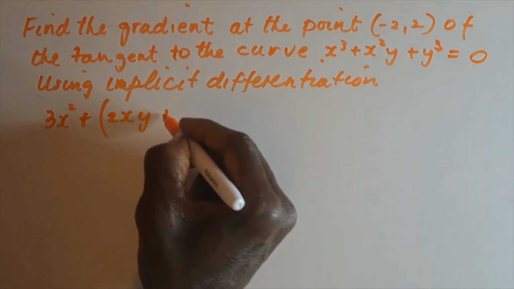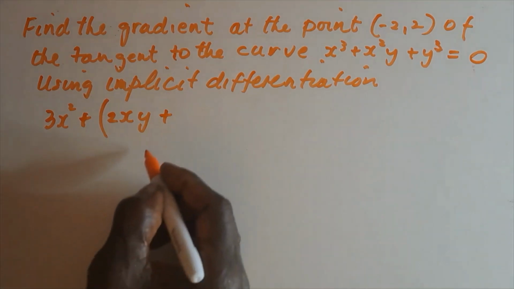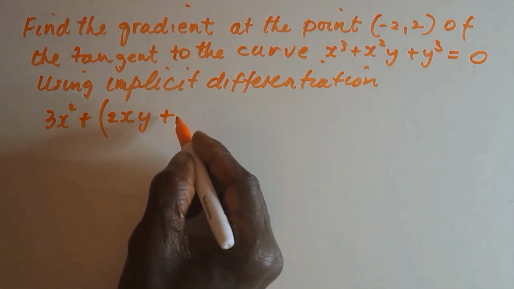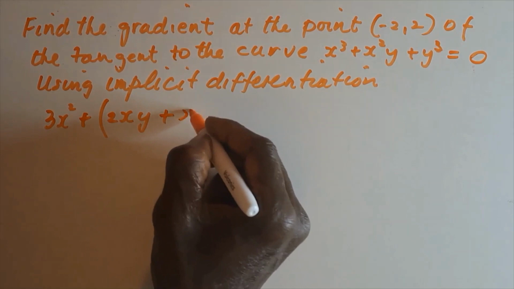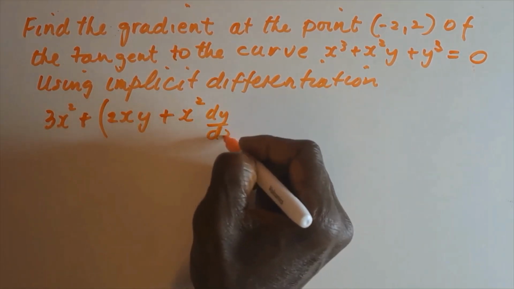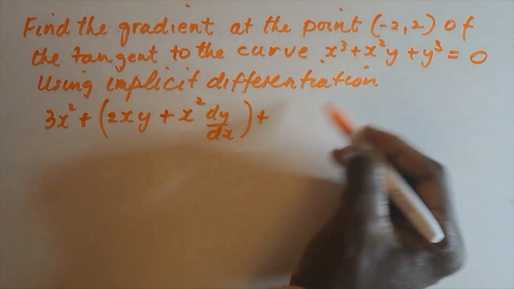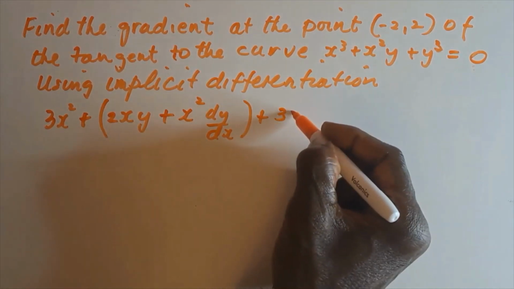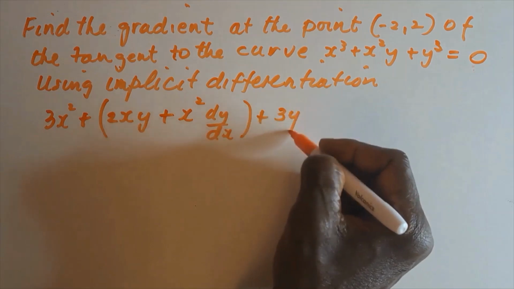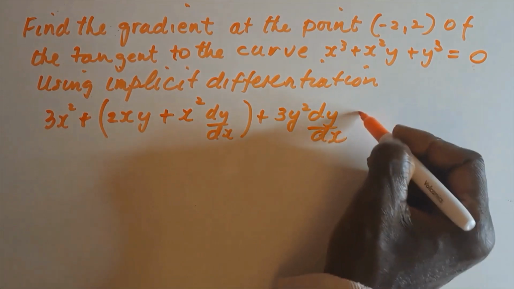If you'd like to know a bit more about the product rule, just have a look at my A-level playlist and you'll see examples of it. And this is x squared dy dx. And now we differentiate y cubed to get 3y squared dy dx equals 0.